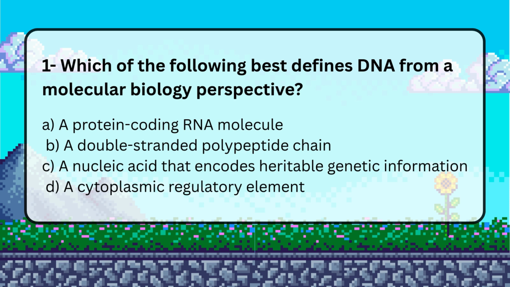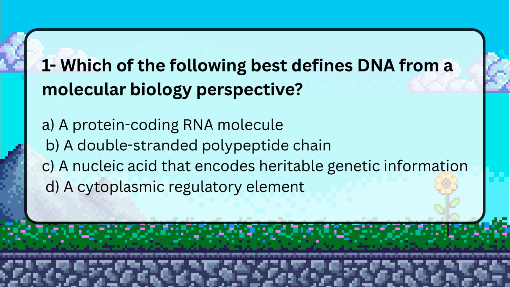The next option is a double-stranded polypeptide chain. So yes, it's a double-stranded molecule, but it's made up of nucleotides, and a polypeptide chain is something that is made up of amino acids. So it's not going to make sense.